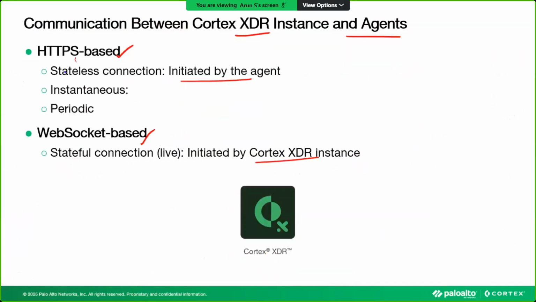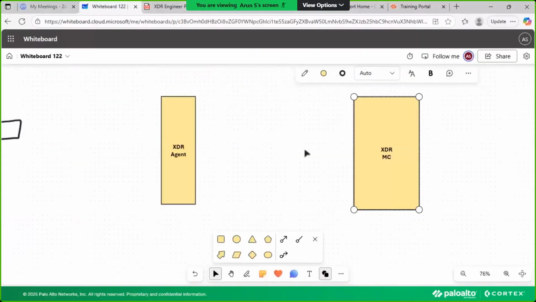HTTPS is initiated by the agent, WebSocket is initiated by the instance. Now when does the agent initiate the communication? Whenever it needs to send any alerts. So let's say any incident, any attack happened, or any malicious file was opened on the agent side or the endpoint side.